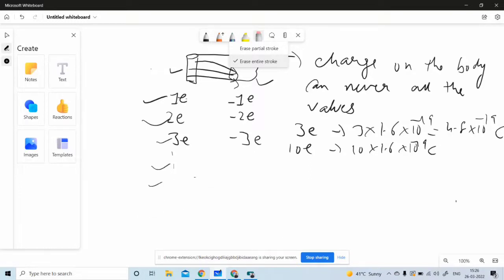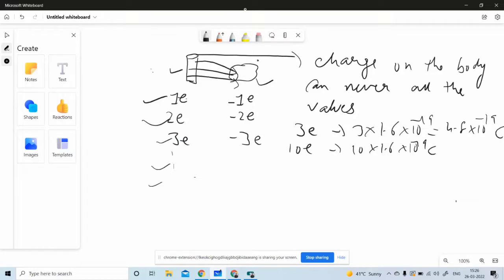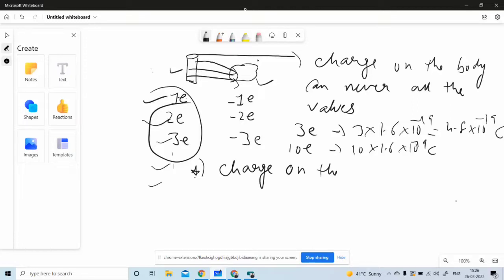So the charge on the glass rod cannot have all values. It will have values in multiples of e. That is what quantization is. That is why the name quantization is given, not continuous. That means the charge on a body is always quantized.